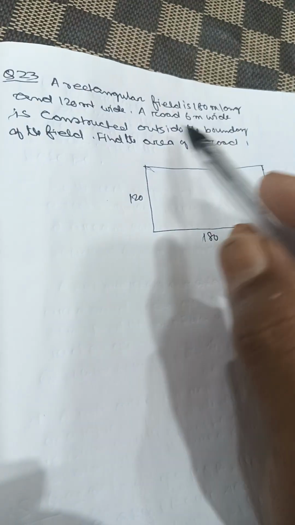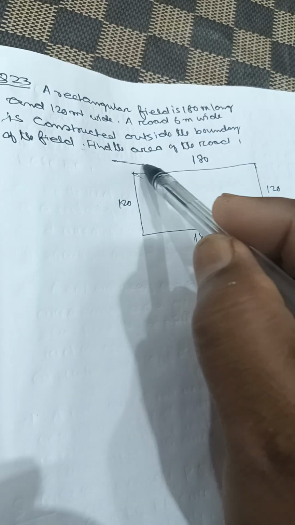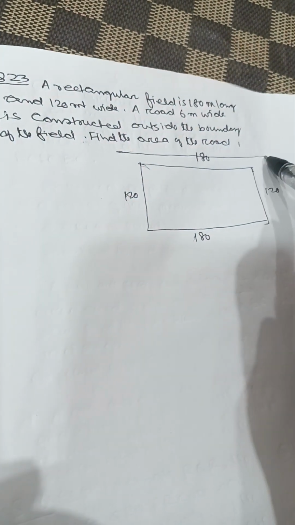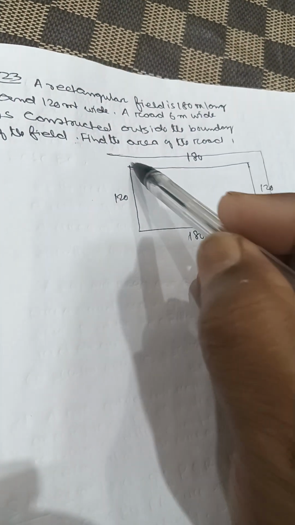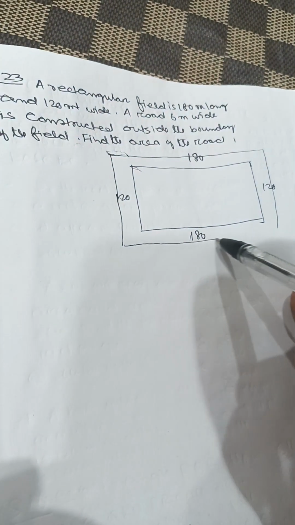A road 6 meter wide is constructed outside the boundary. You see, this is a road, its width is 6 meter all throughout the garden.